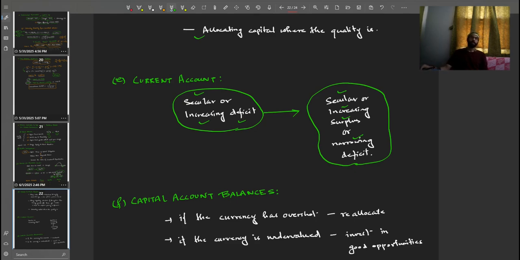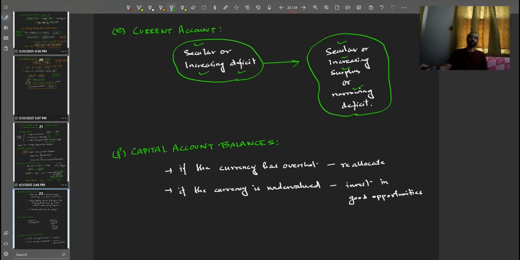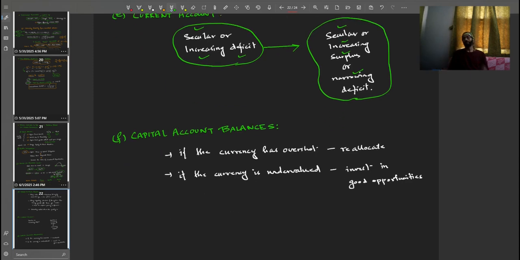Now, this is about the current account. What about the capital account? The capital account balances actually impact exchange rates much more in the short run than the current account, right? So here, the primary thing to consider is: has the currency overshot? Is there an overshoot already? If there is an overshoot, then reallocate from there to somewhere else.